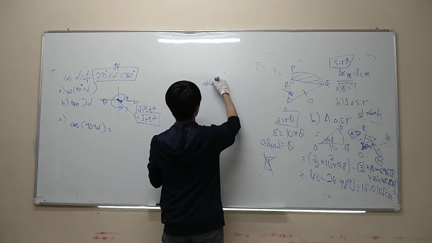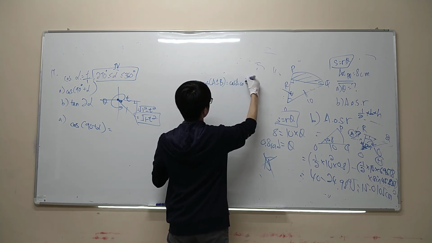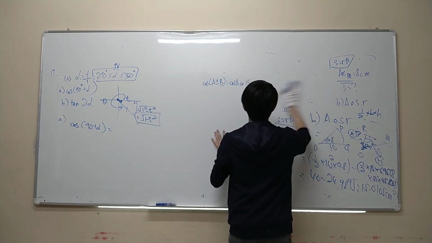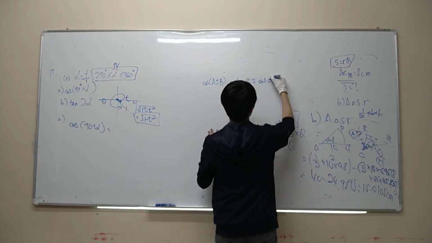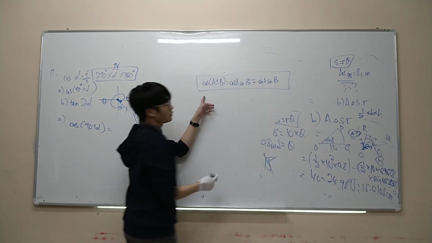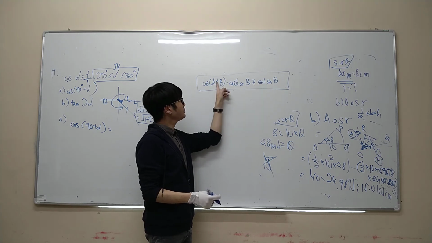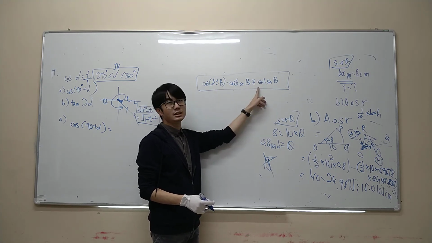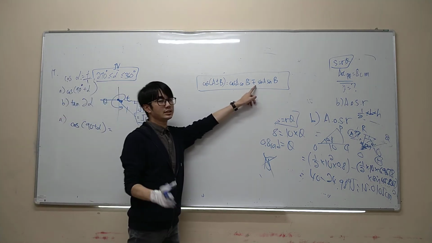So cos A plus minus B equals cos A cos B minus plus sin A sin B. Okay, this formula is given in the exam. So you have to use this formula. What is the meaning of plus minus, minus plus? It means if here is plus, here is minus. If here is minus, here is plus. Okay, this is plus, so later here I must write minus.